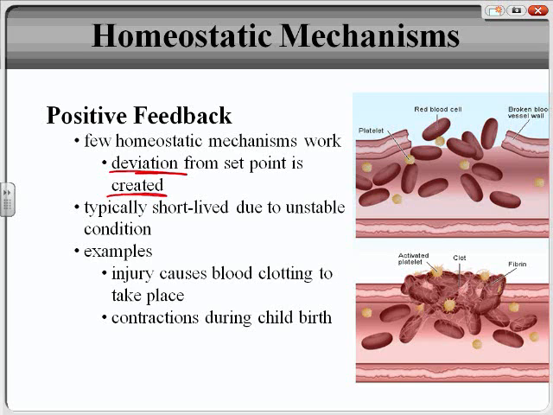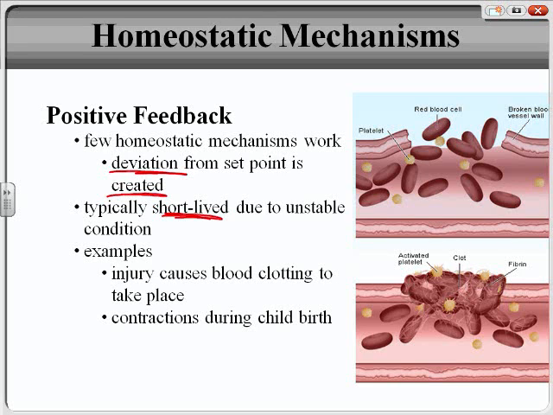Something in the environment is prompting the internal environment to deviate from that set point value, temporarily and very short-lived. And the reason is that whatever deviation it's creating is absolutely necessary for life.